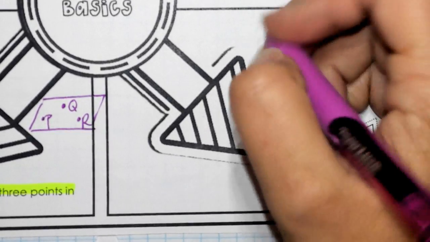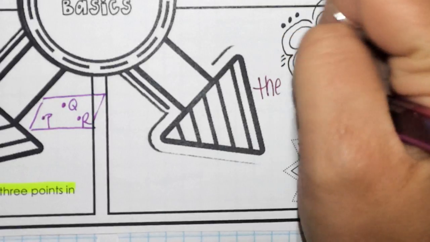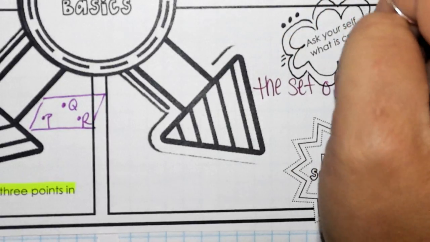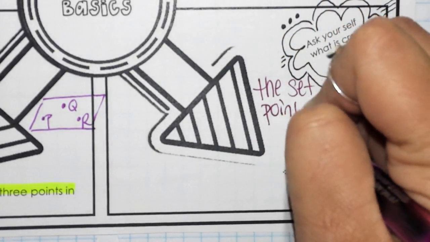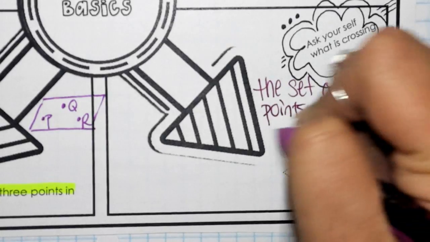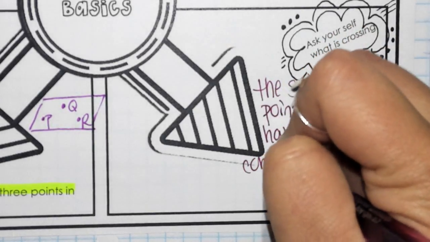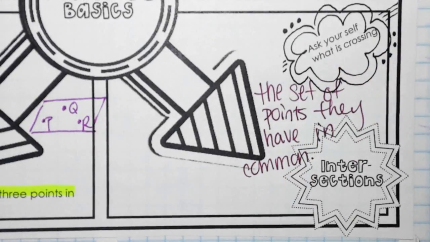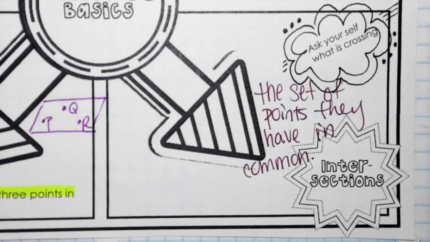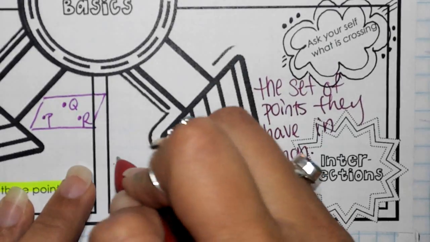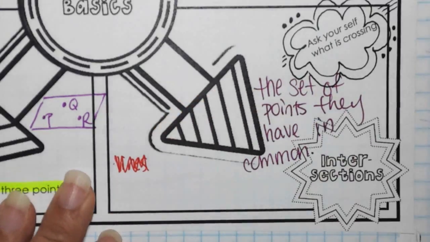All right, so the intersection is the set of points they have in common. Oh, I'm not going to write that yet.